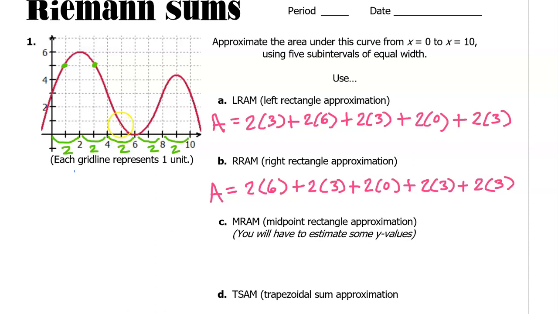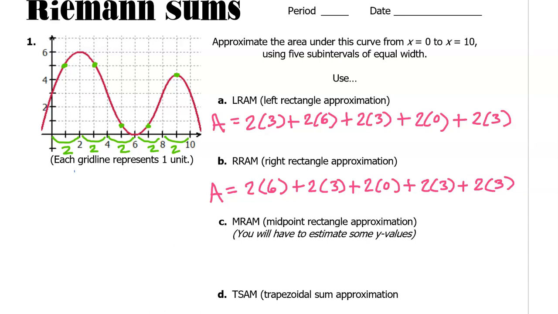All right, third interval, midpoint, and so I have to estimate a little bit here, but it seems like the value of the function is about here. Here's the midpoint of the fourth interval, and the value of the function is about here. And here's the midpoint of the fifth interval, and the value of the function is about here.